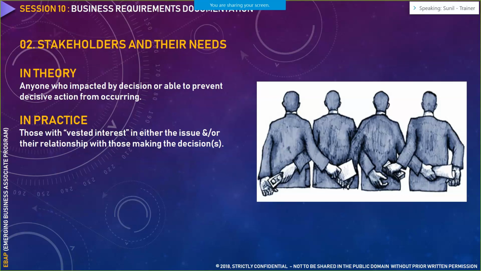So this is a theoretical aspect which you would be following. But in practice, there is another aspect to the stakeholder, or the perception by which you see your stakeholder: those with vested interest in either the issue or their relationship with those making the decision.